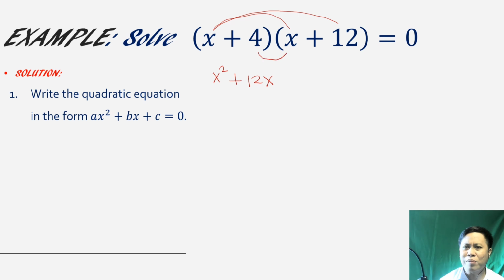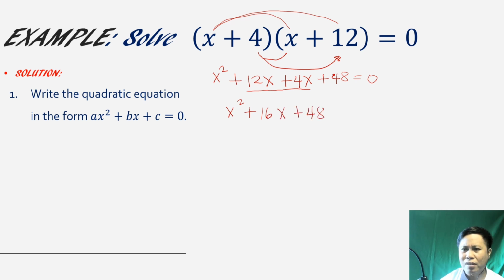Then 4 times x gives positive 4x. Then 4 times 12 gives positive 48, equals 0. Then we combine 12x and 4x, so we have x squared plus 16x plus 48 equals 0.